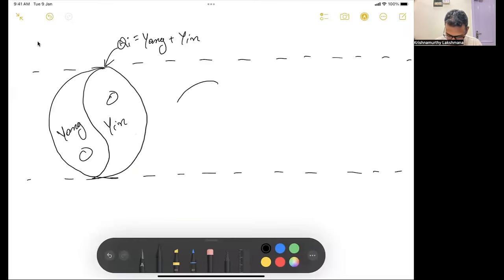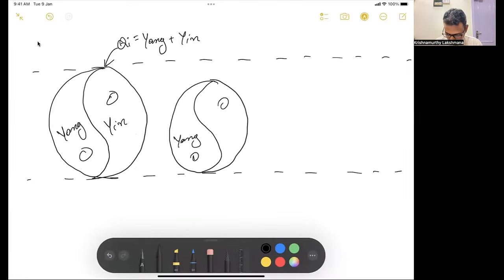So this situation, we call it qi deficiency. Okay. So everybody understood?